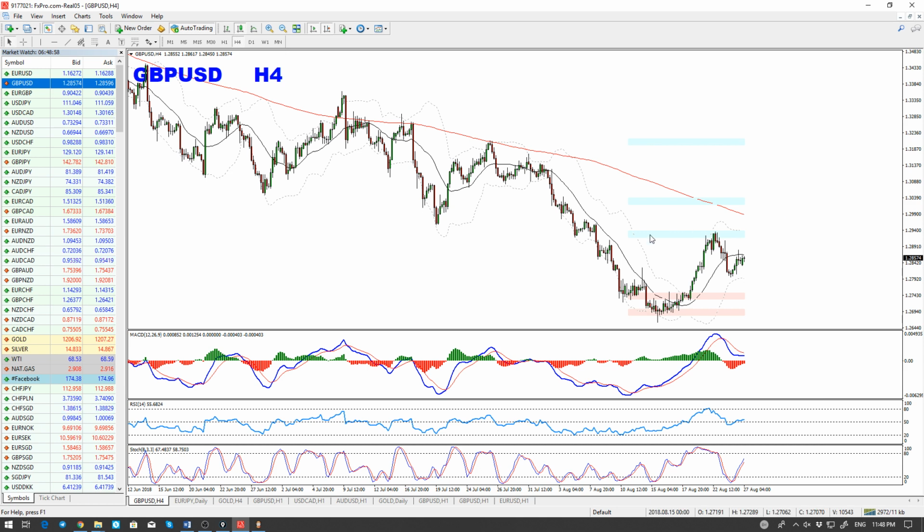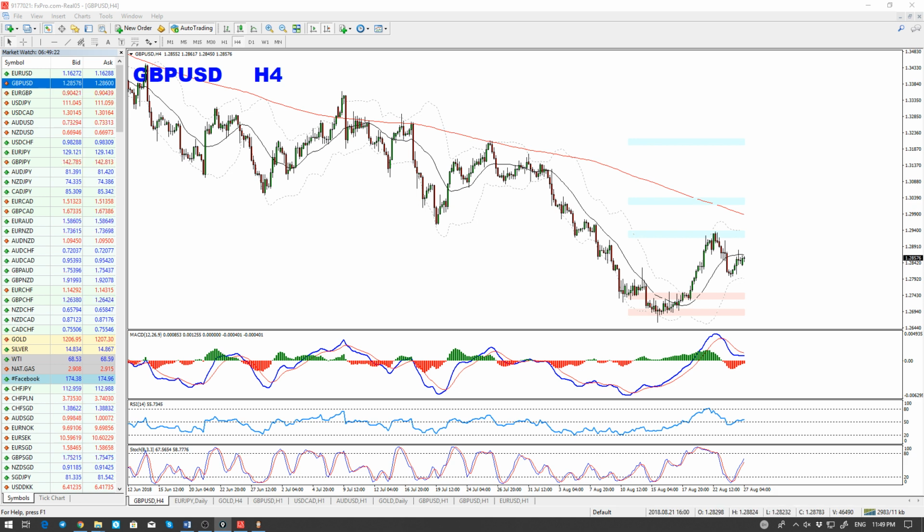So that's for the short term, and for the long term we still don't have any complete reversal signs. Therefore, what could easily happen here is 1-2 and continuation. So don't rush for the long-term decision with the pound dollar.